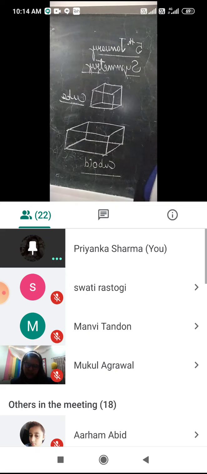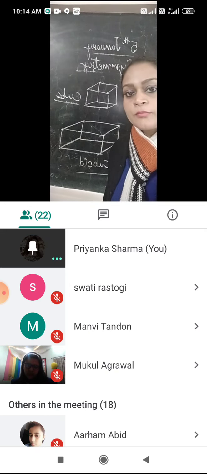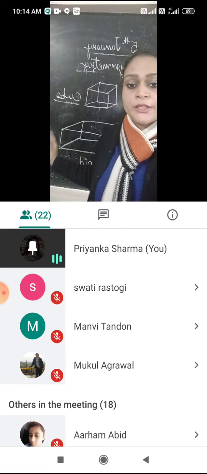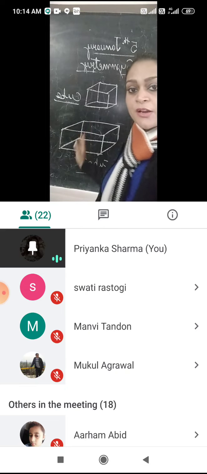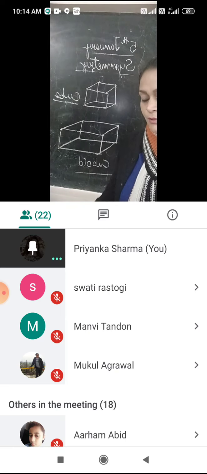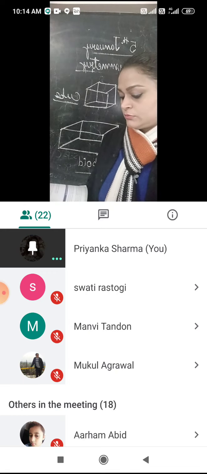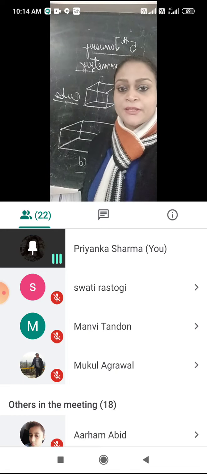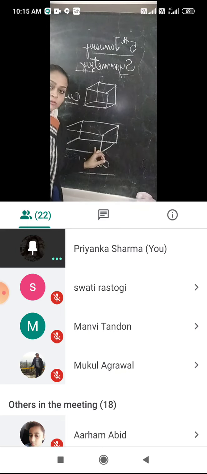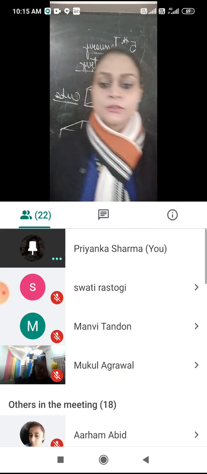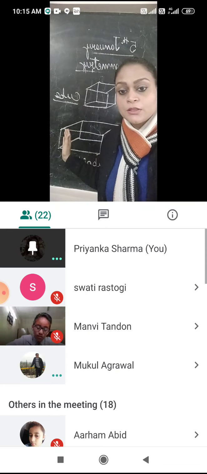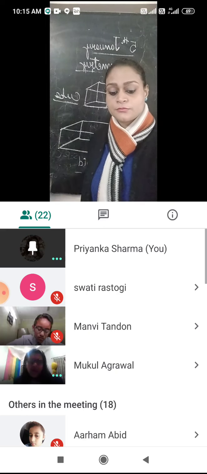Cuboid. Okay, so this question is important. Put a tick mark and write there, practice in rough. You have to make a cube and cuboid net. We have done this sum in the copies previously while we were doing the chapter. Yes or no? Yes? So you should know how to draw it. Important question. Very important question.